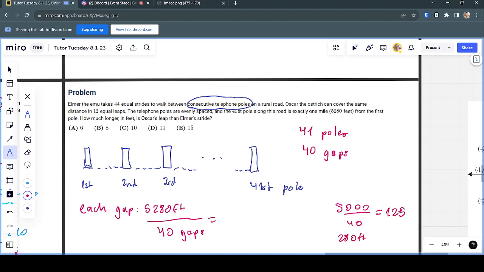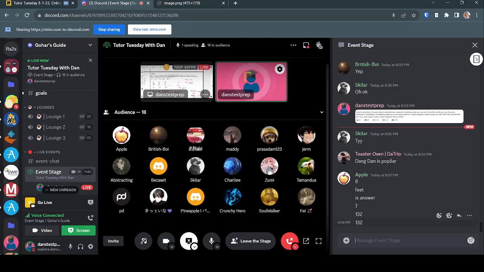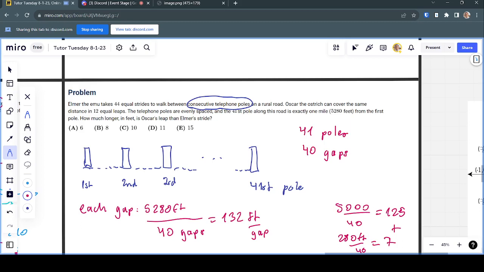And then the remaining 280 feet divided by 40 should be 7. So I just split up the work, or you could use a calculator, and you'd get 132 feet per each gap. That's what we got so far for the gap distance. Let me write it, 132 feet.